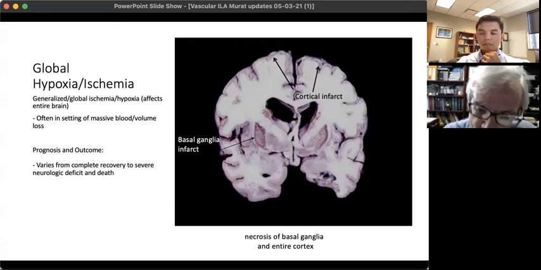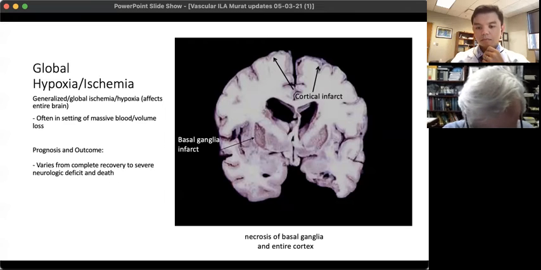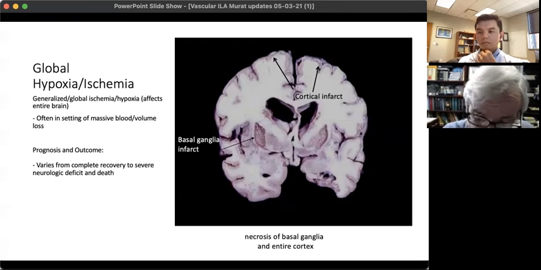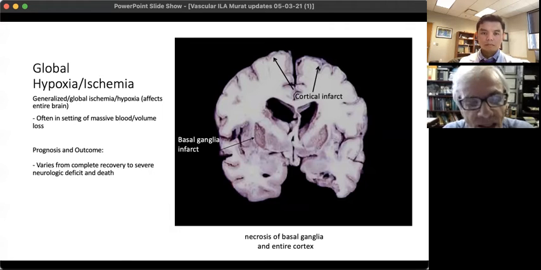CA stands for cornu ammonis, Ammon's horn. Maybe you heard of that in anatomy. So if you give me a section and I see that all the neurons in that region of the hippocampus are dead, I can, with good confidence, guess that this patient suffered at some point a global hypoxic ischemic injury.